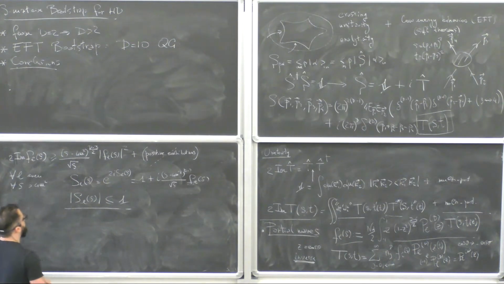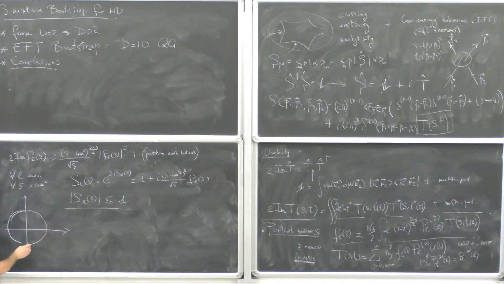All right. Now let me make a plot. So what are we saying? We are saying that for any fixed S, this function, SL, must be contained in this circle.